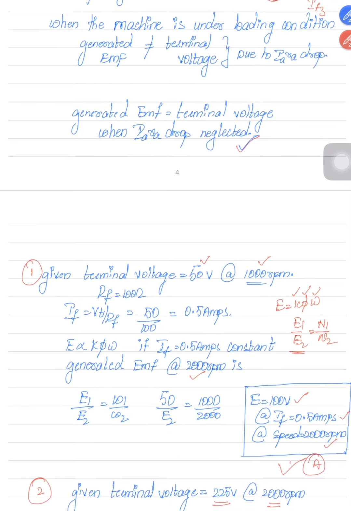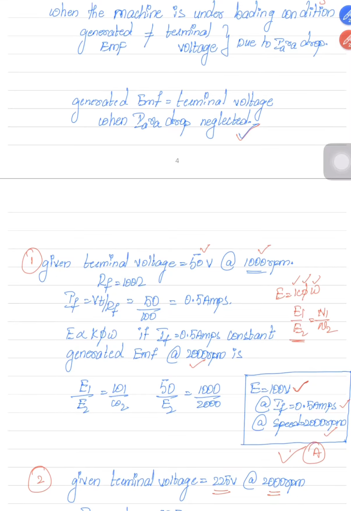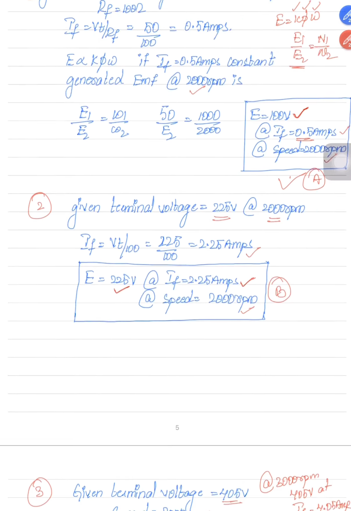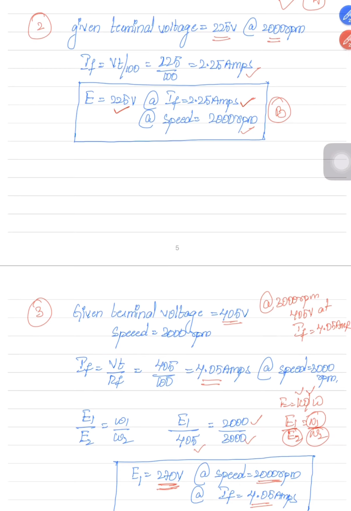At a field current of 0.5 amps, the terminal voltage will be 100. At 2.25 amps, the terminal voltage will be 225. At 4.05 amps, the terminal voltage is 270 volts.